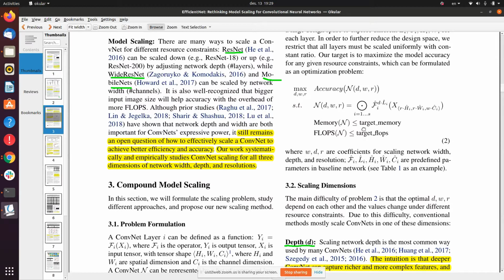I have used a pre-trained model, I have used transfer learning, and I have created my own model with my data, but I have not seen how to do this: given a target memory, making sure it stays within the target memory, and the target flops also.